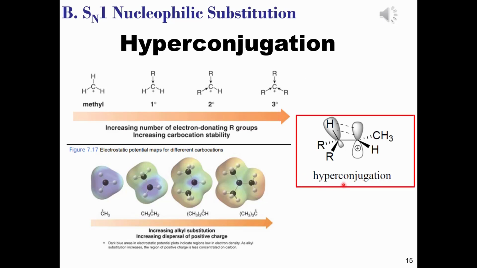On the right hand side we see a diagram that shows the electron delocalization via partial orbital overlap from a filled bonding orbital. This happens to be a carbon-hydrogen for a secondary substrate into the adjacent unfilled orbital.